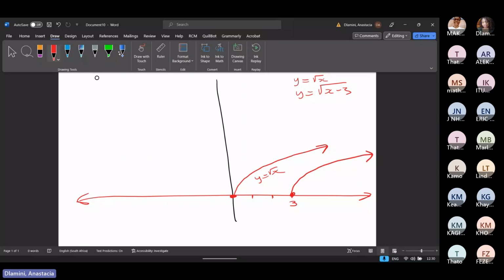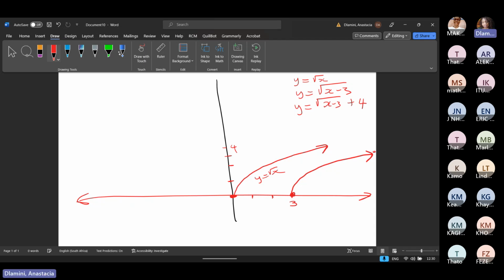Now, one last shift. We have the plus 4. It means we are working on this graph and we want to vertically shift it by 4 units. So from 0, remember this is 0, we count 1, 2, 3, 4.